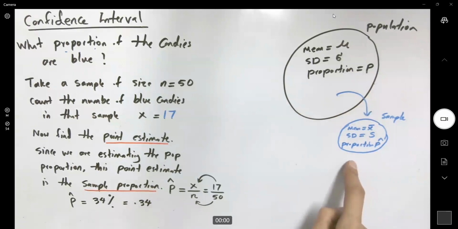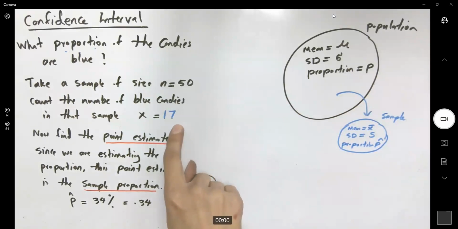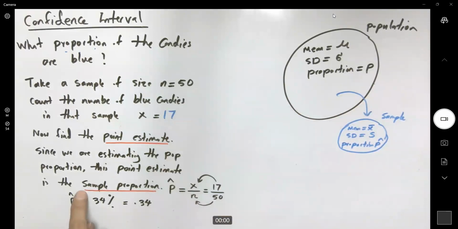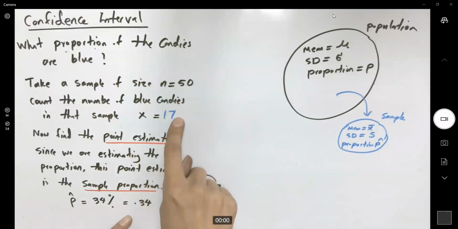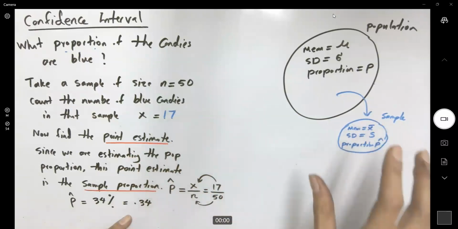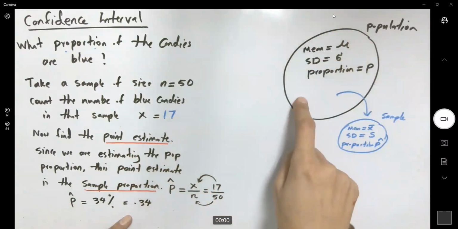So again, you have your big bag of candies, which is your population. We took a sample of size 50. We counted the number of blue candies in that sample, and it is 17. So we say that the sample proportion, which is our point estimate, is 34%. We do not say that since the sample has 34% blue candies, the population has 34% blue candies.